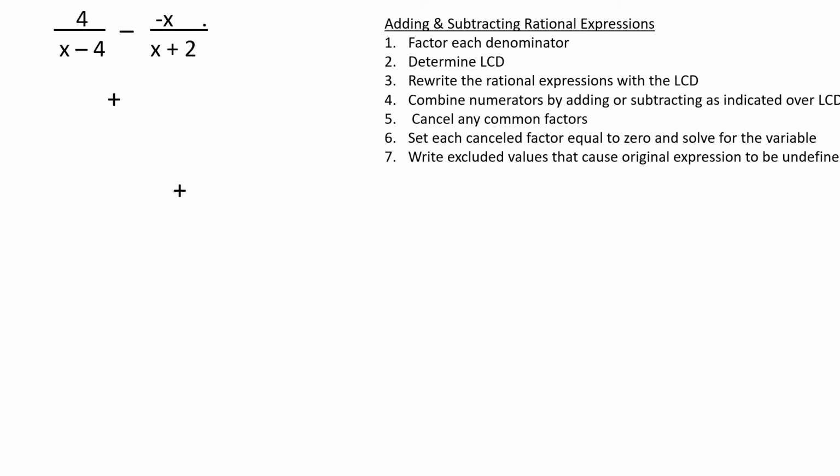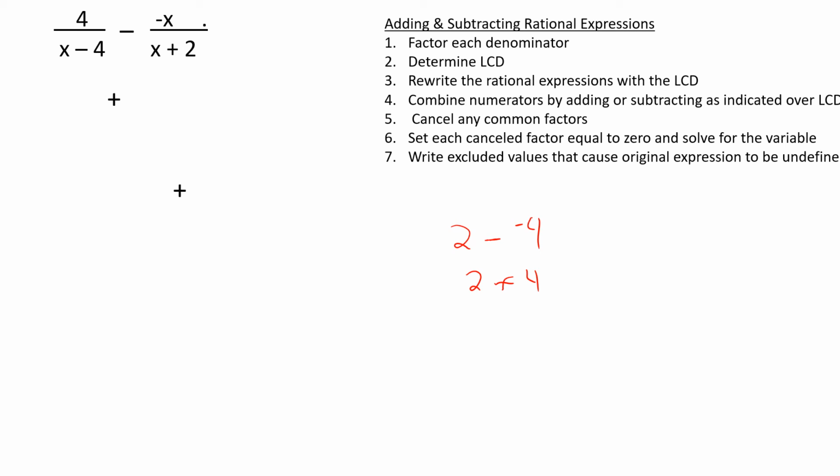All right, now here we are subtracting instead of adding. And we have a minus here, minus a negative x. Well, if I had something like 2 minus a negative 4, isn't that the same thing as 2 plus 4?